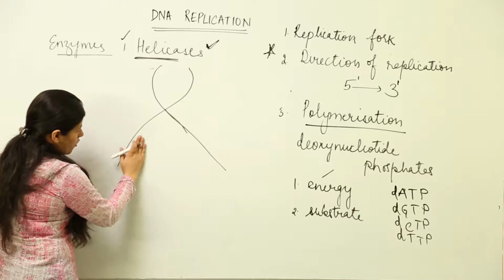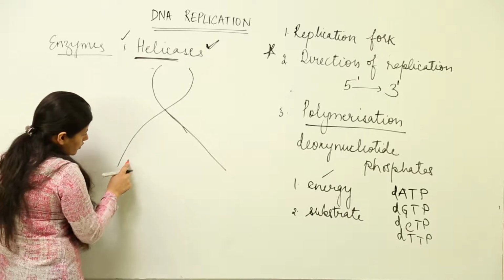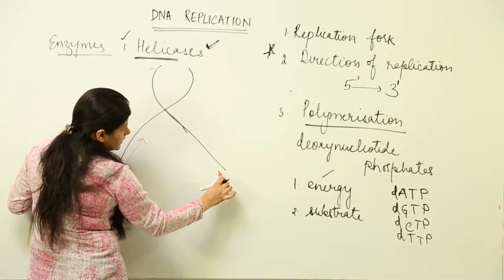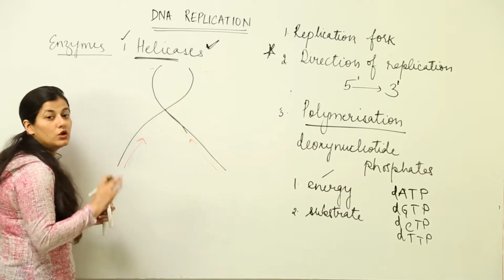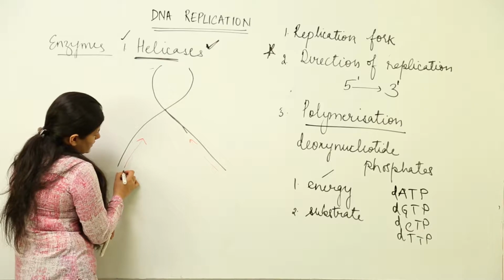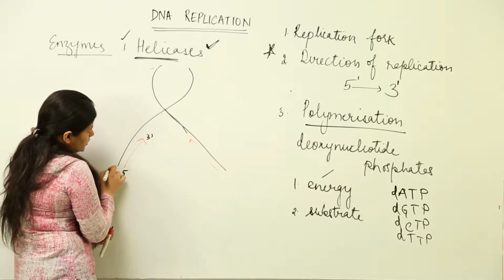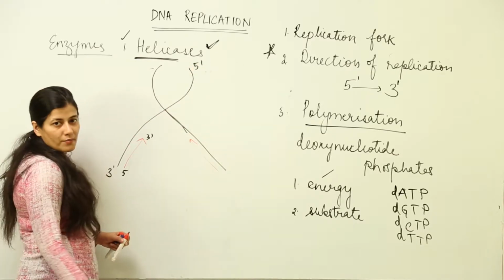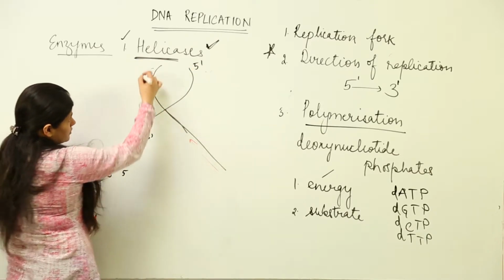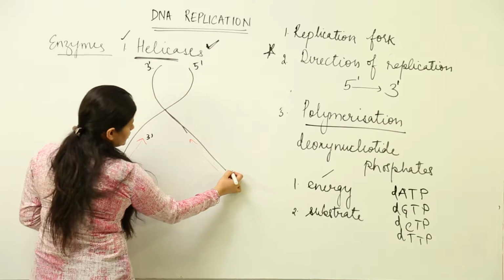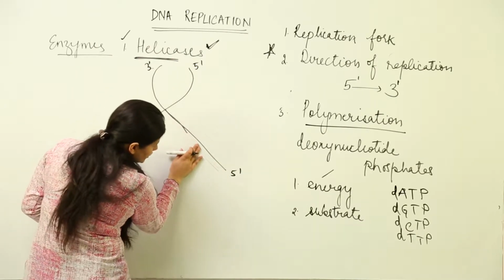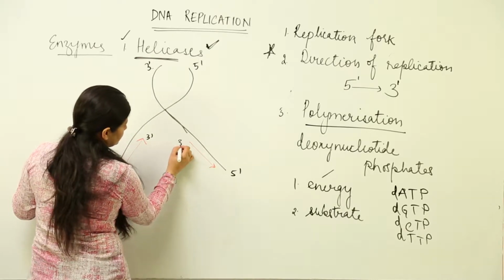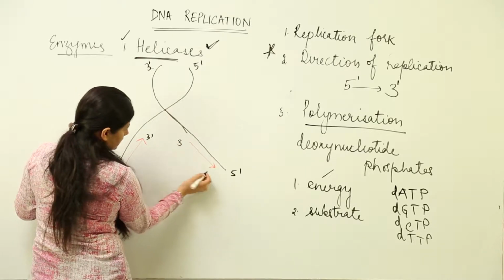The newly formed strand would follow this direction. Never would it be possible that in the same way it will come this way. No. Why? Because supposedly this is 5' to 3'. This strand has to be 3' to 5' as we know the law of complementarity. Opposite to this, this would be 3' to 5'. Now, the direction, instead of being like this, it could be like this. Right?